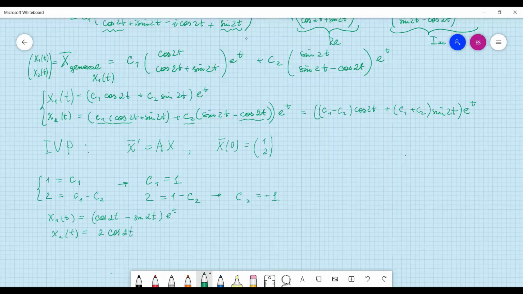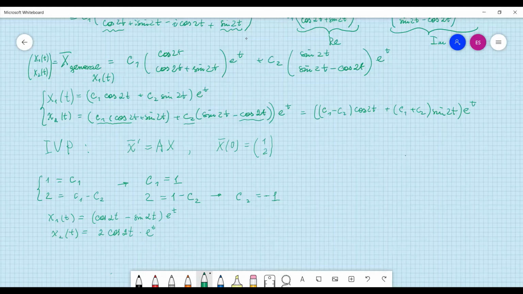And c1 plus c2, which is 1 and -1, we're going to get 0, and the sine factor is going to disappear. That's going to be our solution. So this is the solution of the initial value problem.